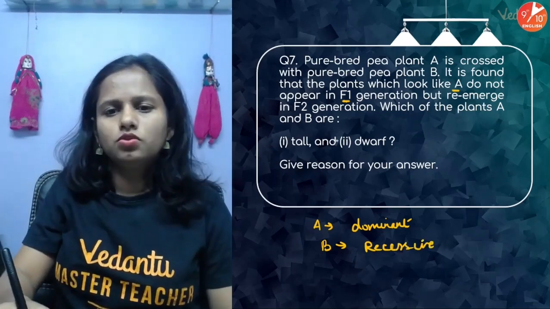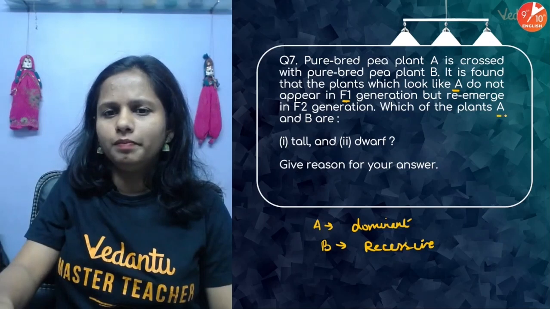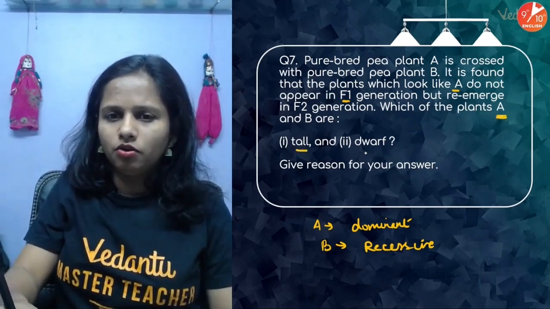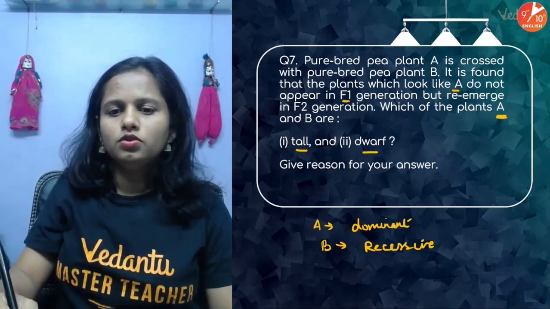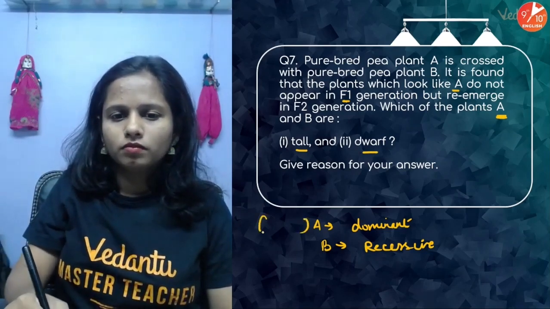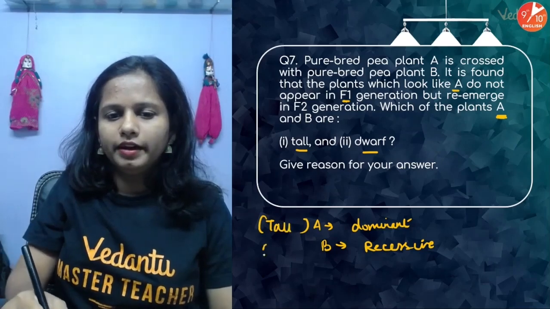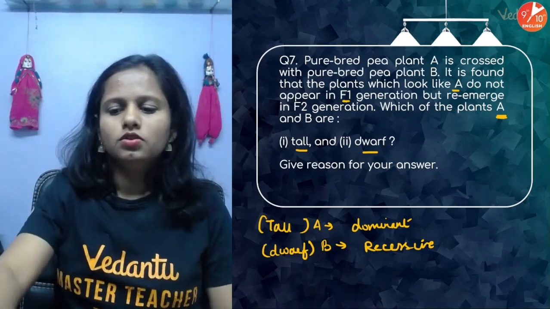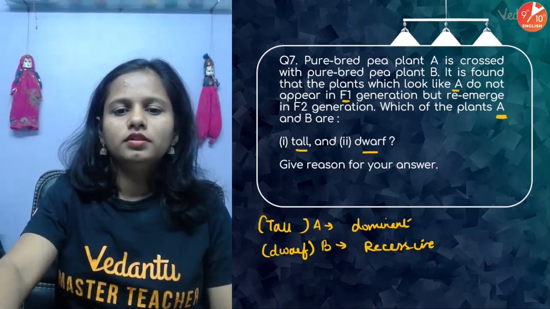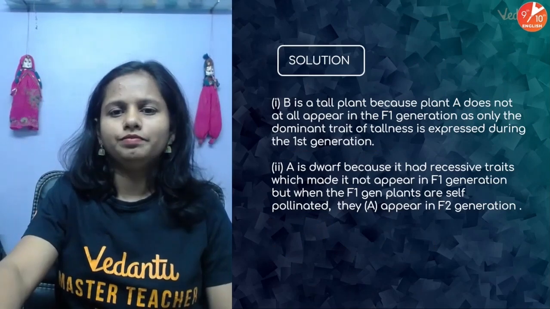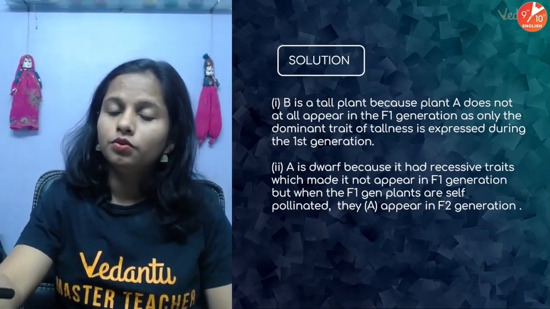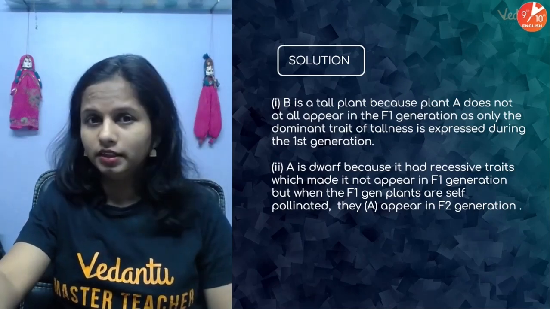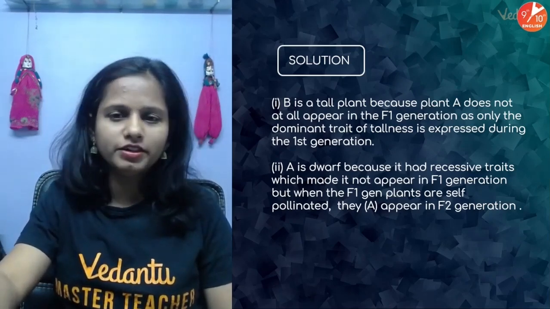Now they are asking which of the plants is A. If we say there is a pair of pure tall and dwarf, A has to be tall and B has to be dwarf. So we'll simply mention that the plant A is tall. Why? Because it's dominant over the other trait and it is expressed in the F1 generation.